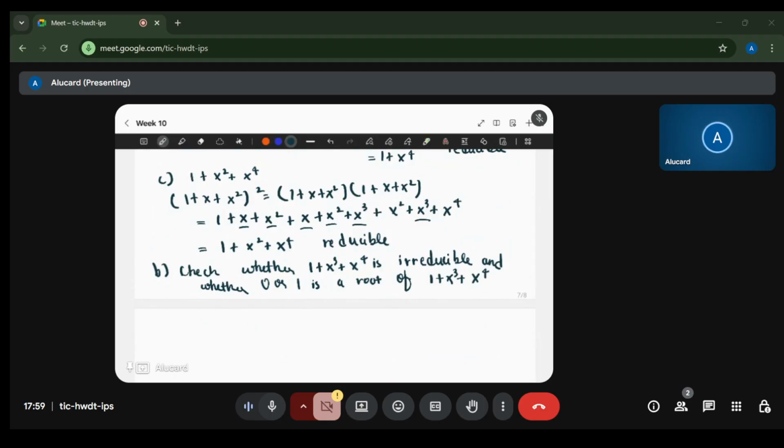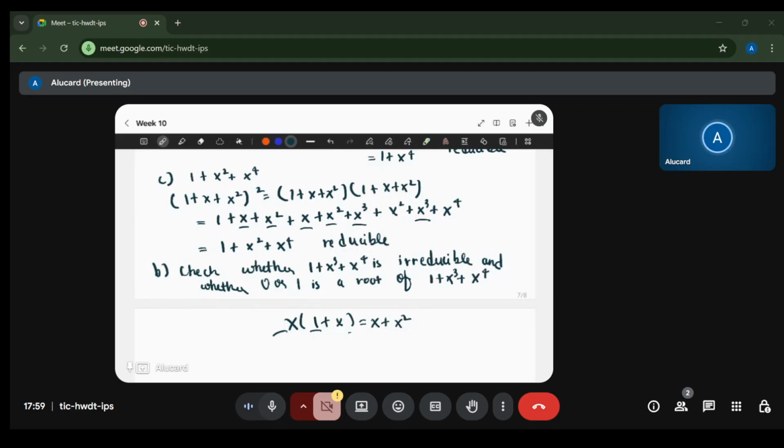Then you can see that x into 1 plus x, which is x plus x square, is also a polynomial of degree less than 4. But if x plus x square divides 1 plus x cube plus x power 4, that means x into 1 plus x divides it. That would mean both 1 and 0 must be roots of 1 plus x cube plus x power 4.